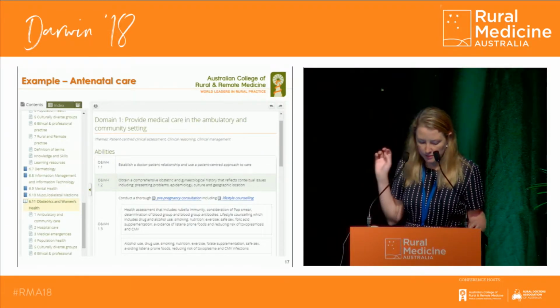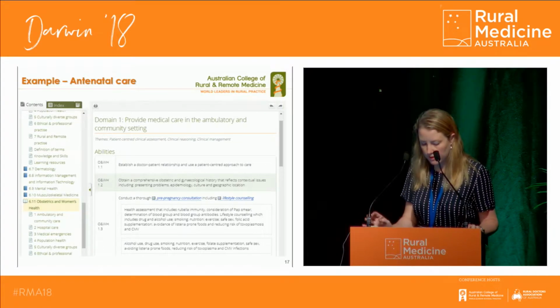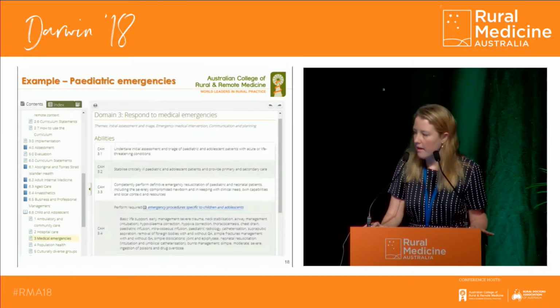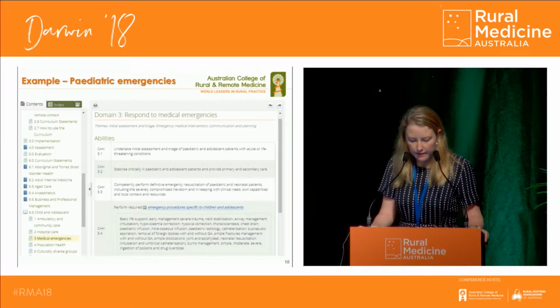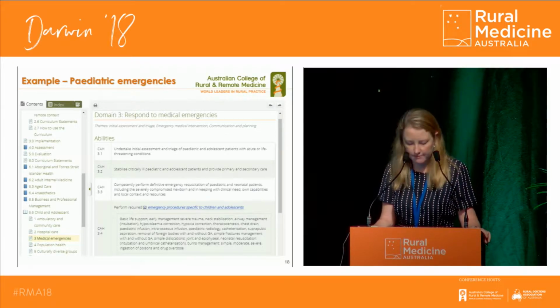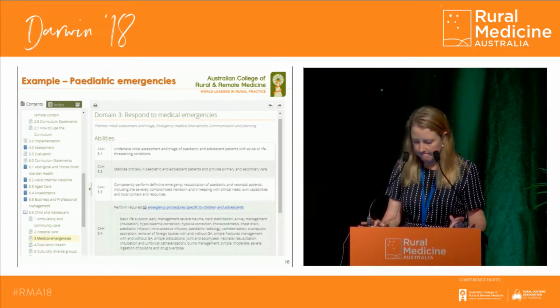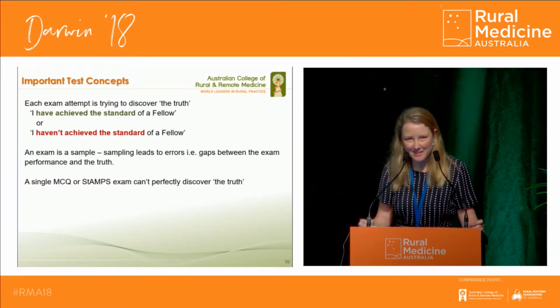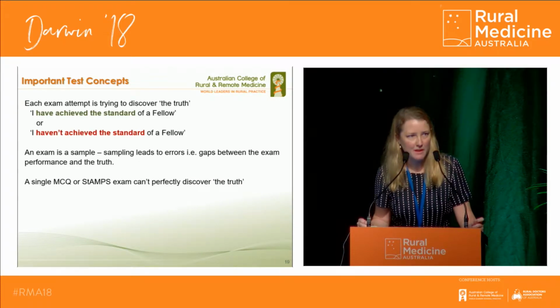The expandable text can be clicked on to show specifically what a fellow is required to know and discuss when providing antenatal care. And this example is where the curriculum outlines the requirements for paediatric emergency abilities, which specifies which procedures might reasonably be tested in fellowship assessments. Okay, so big hint is go online and be familiar with the ACRRM curriculum.